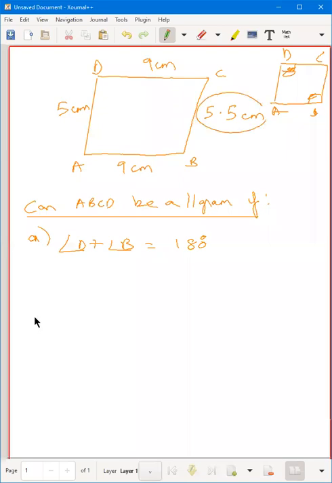This will be in part B of the question. We are just given a quadrilateral A, B, C, D. And we are given that angle B plus angle D is 180 degrees. Can this be a parallelogram?